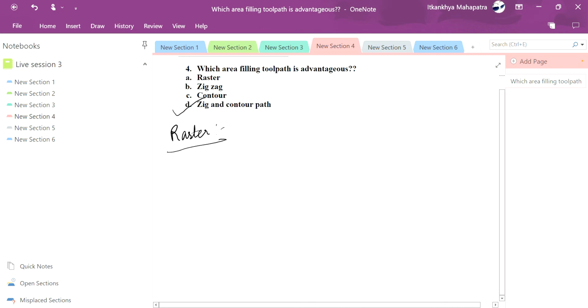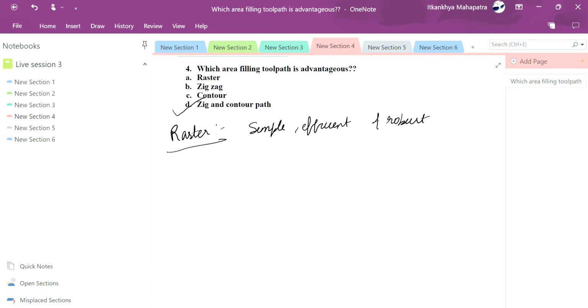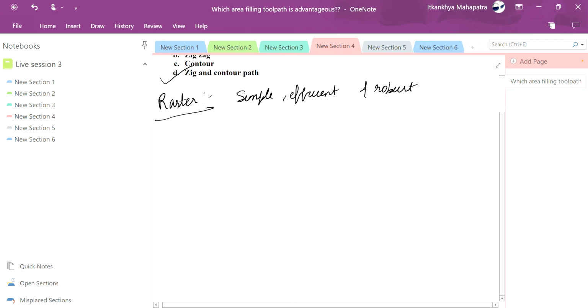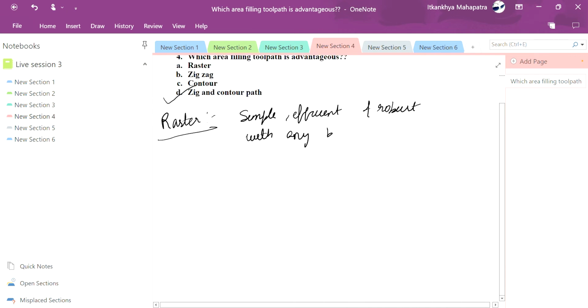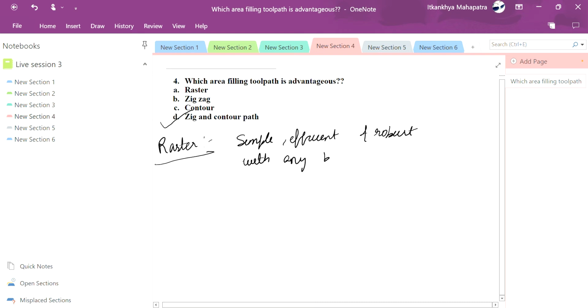This is simple, efficient, and robust, and this pattern can be followed with any boundary.